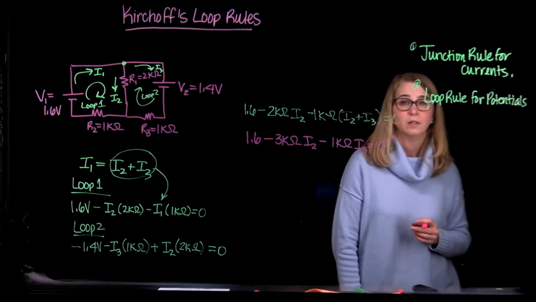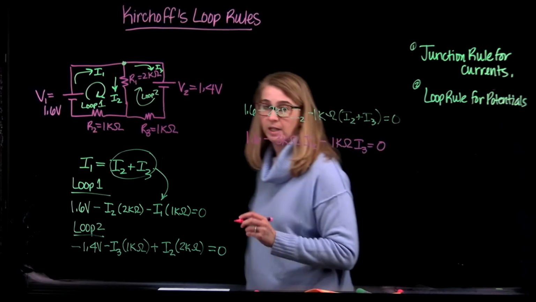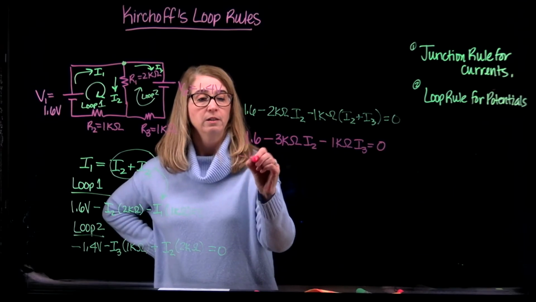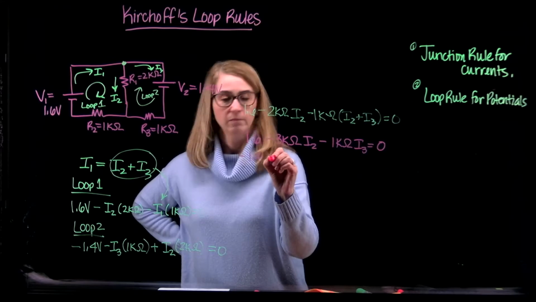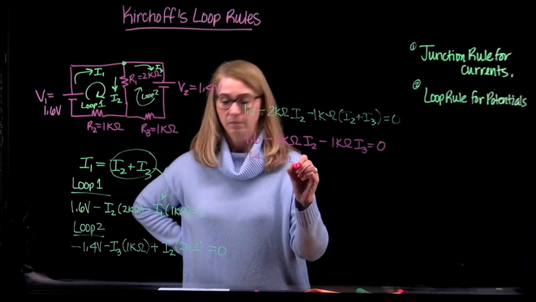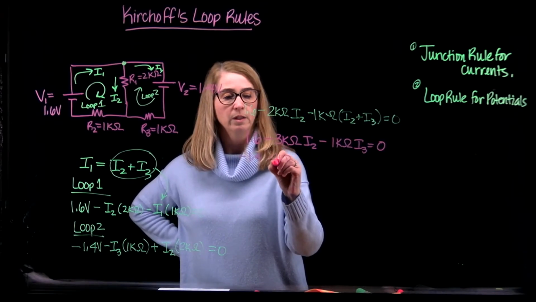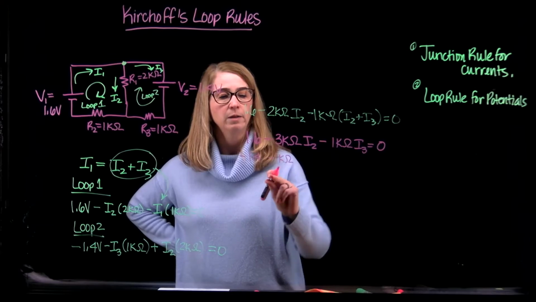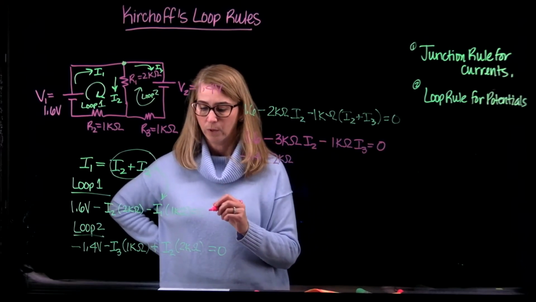So that's what my loop 1 equation has changed to. And I'm going to write under it my loop 2 equation. I want to line up the same currents underneath each other because it's going to be easier to see what I want to do next.